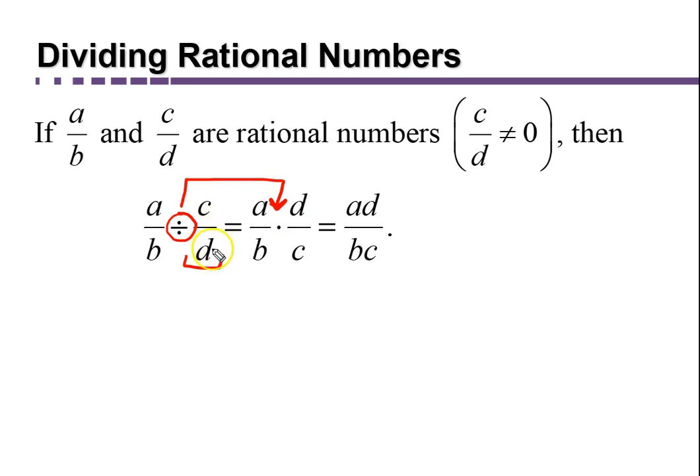We've taken its reciprocal. The d goes on top, the c goes on the bottom. And then we just multiply. And of course we can cancel out wherever we can. So division of fractions is similar to the multiplication of fractions. We just have to convert the division to a multiplication problem, changing the sign and then flipping the second term. Let's go on.